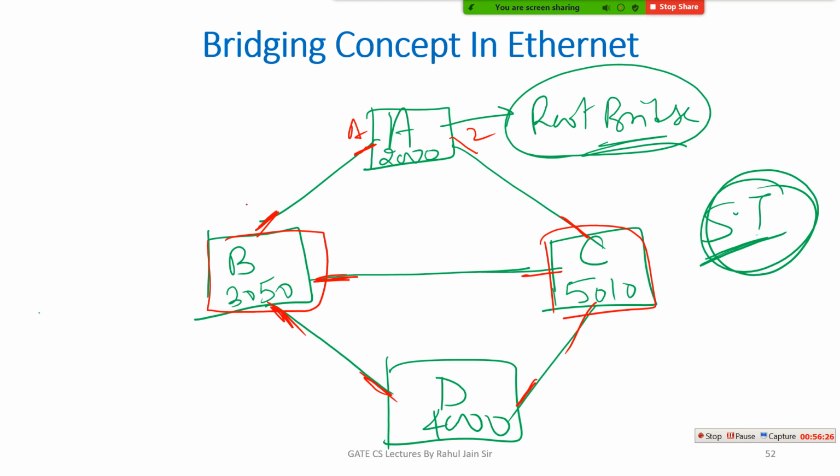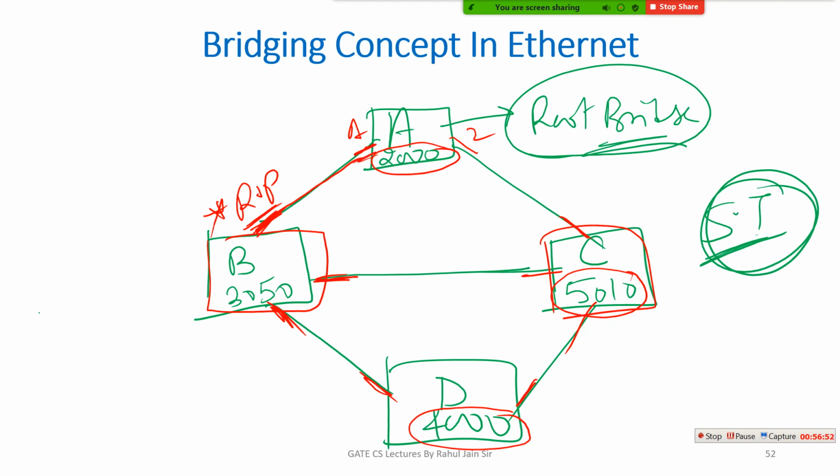It is the root port, which I am marking with a star, because it is connected to the lowest ID of the root. The ID of the root bridge is 2000, whereas this bridge ID is somewhat higher, and this bridge ID is again higher. That is why I have made this port a root port.